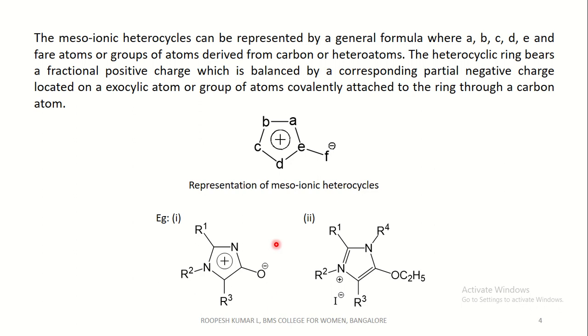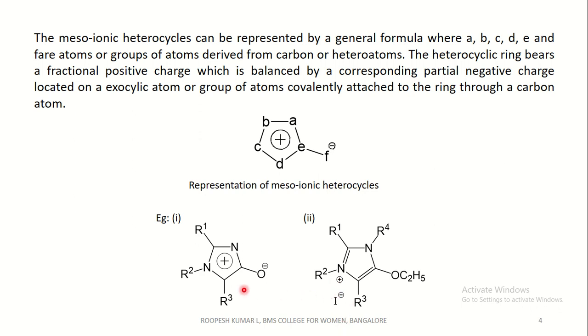This is an example of a mesoionic compound, whereas this is not an example of a mesoionic compound, because in this there is an external salt in which a positive charge on the nitrogen is balanced by a counter ion, which is an iodide.